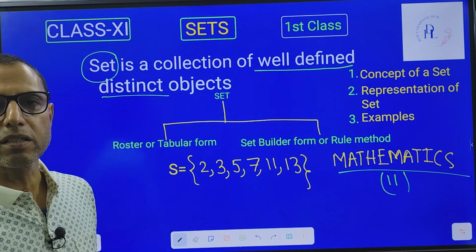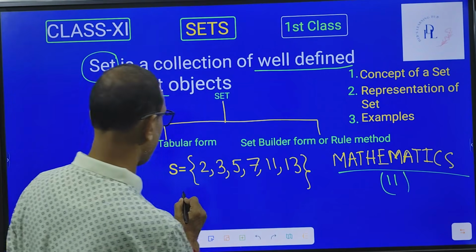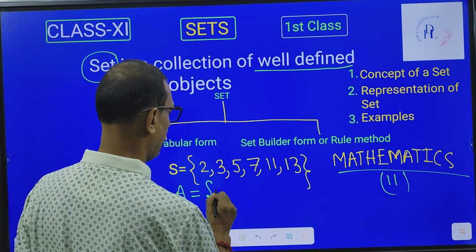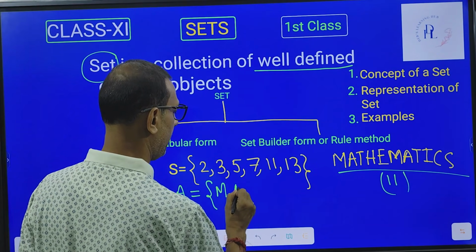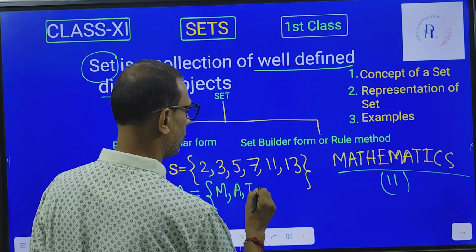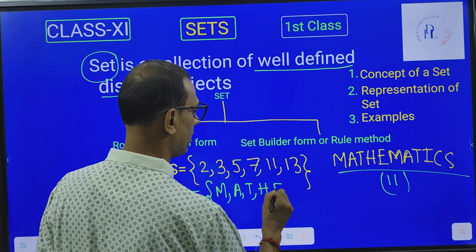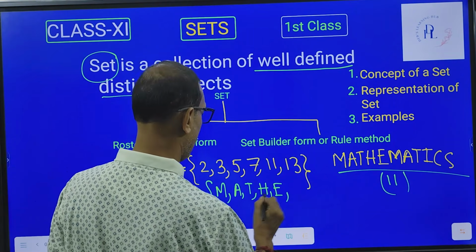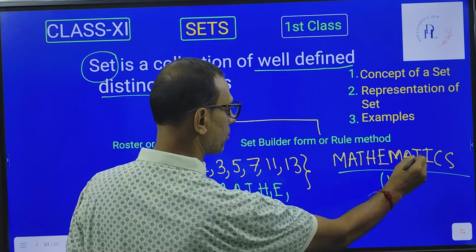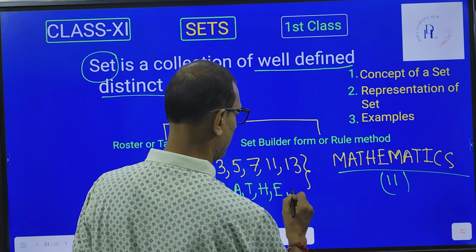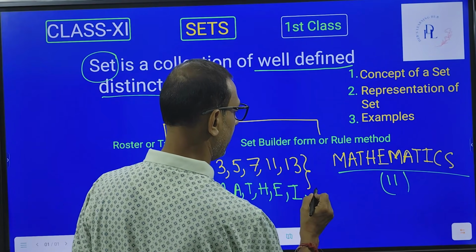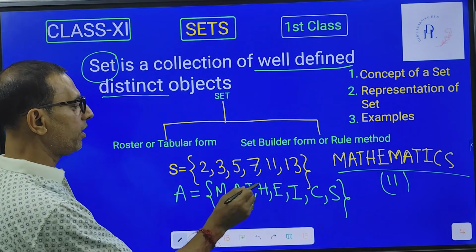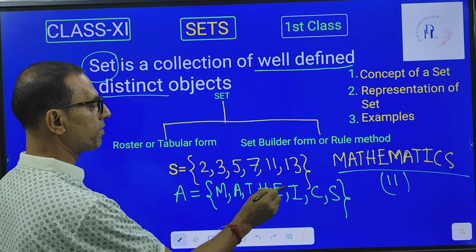But how many members are there in set A? A equals M, A, T, H, E; M will not come further, A will also not come further, T will also not come further; I will come, and then C, and then S. In set A, how many letters are there? 1, 2, 3, 4, 5, 6, 7, 8.